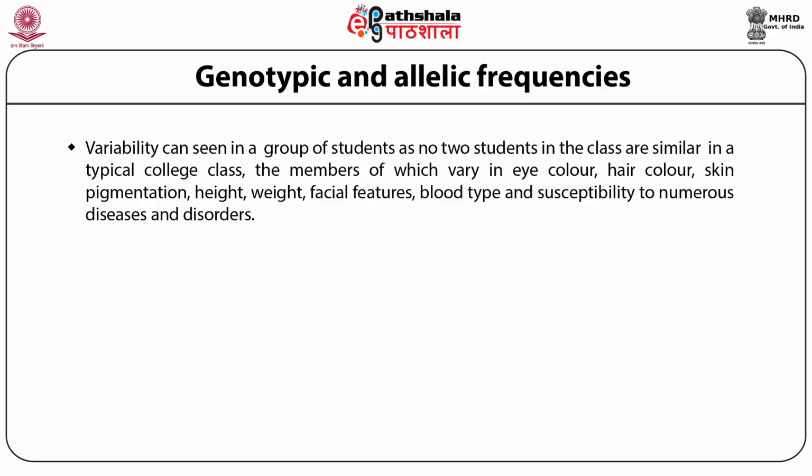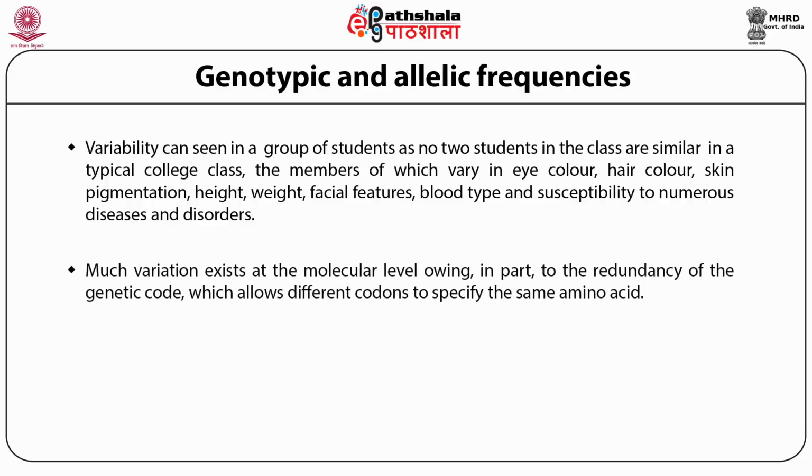In fact, even more genetic variation exists in a population than is visible in the phenotype. Much variation exists at the molecular level, owing in part to the redundancy of the genetic code, which allows different codons to specify the same amino acid.